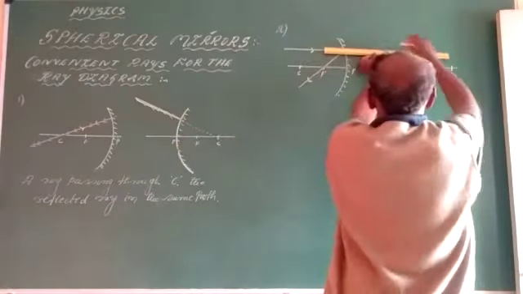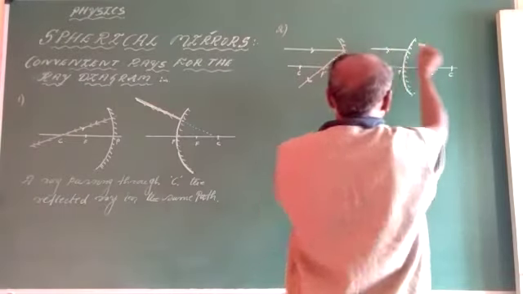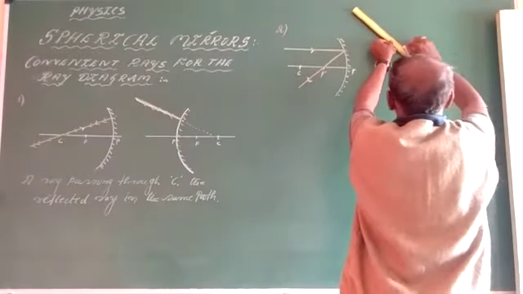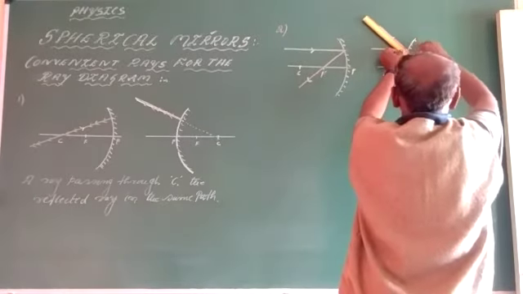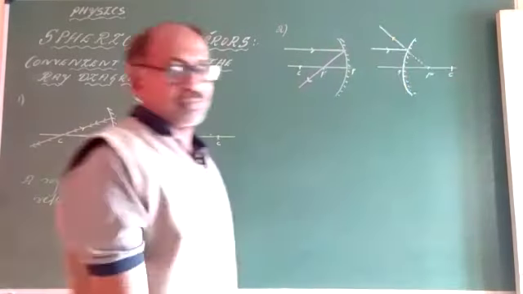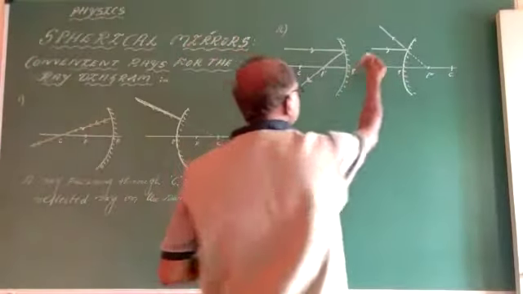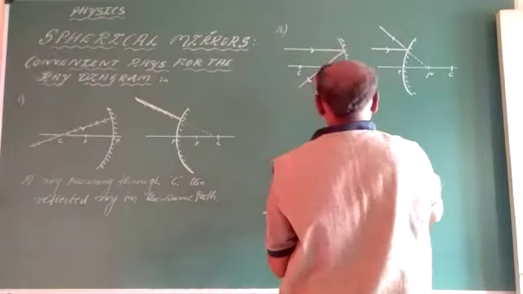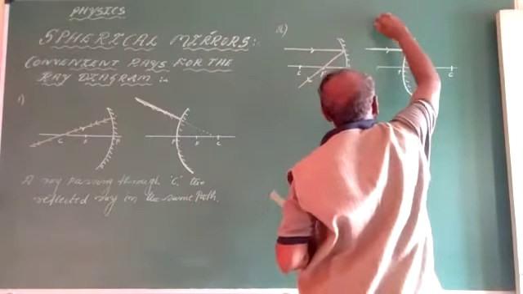If it falls like this, this is an incident ray, and here we have the reflected ray, which is just imaginary.